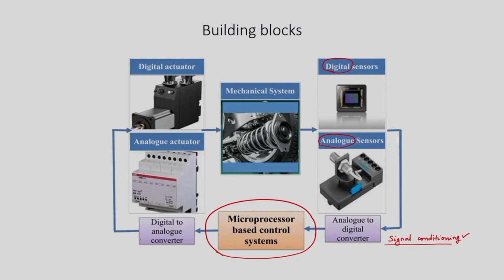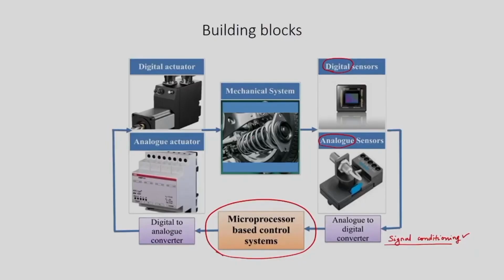However, some of the actuators use an analog input, such as a motor. In this case, we have to convert the digital signal coming from the microprocessor into analog form, and that analog signal will be utilized by the actuator. Actuators actuate the mechanical system.